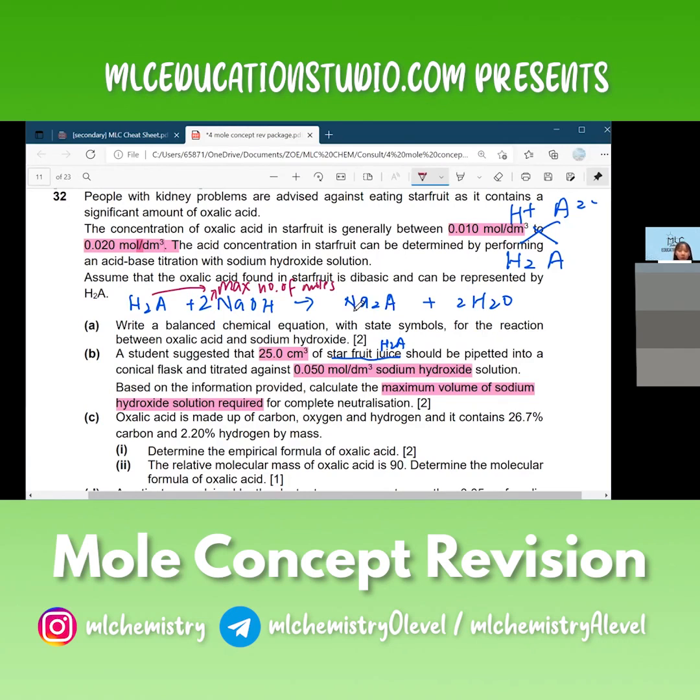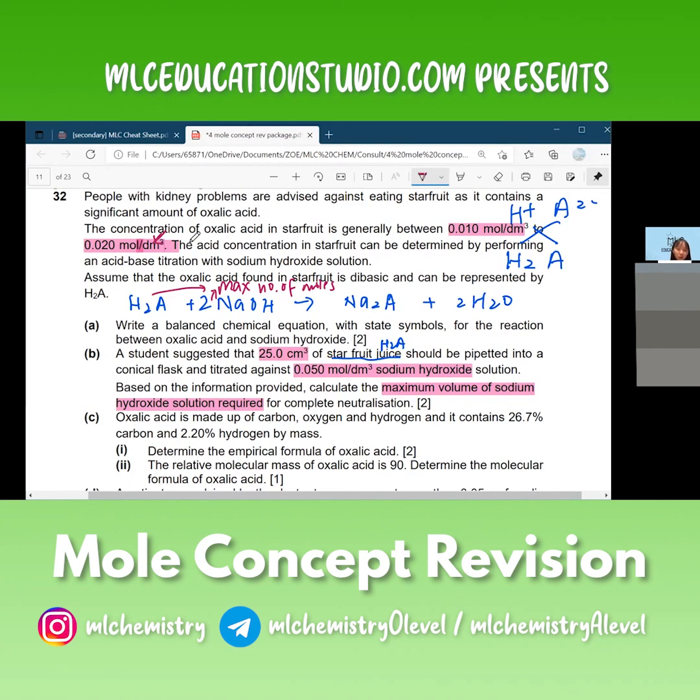Can follow? So if I want to get maximum number of moles of acid, which one do I use? The concentration, the lower one, the higher one? Higher one. Yeah, higher one. So this question, the hardest part is to choose which one to use, and the rest is the same.